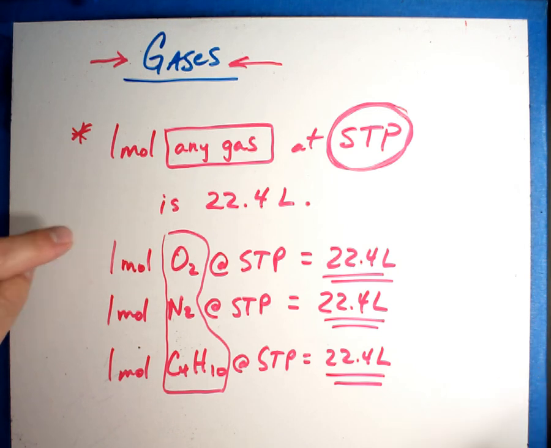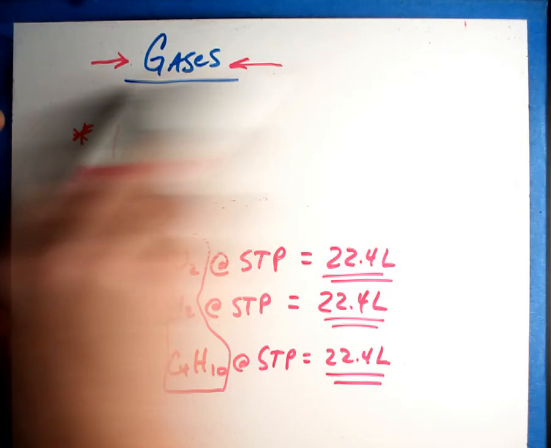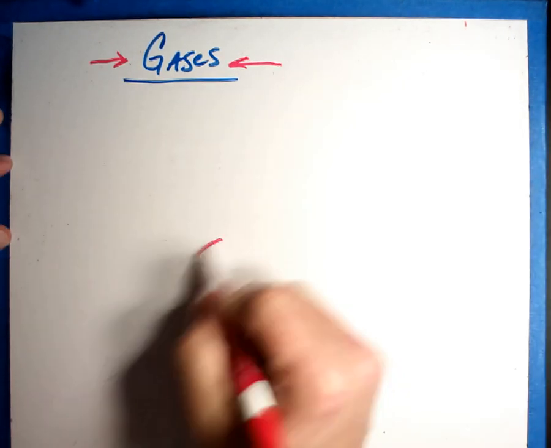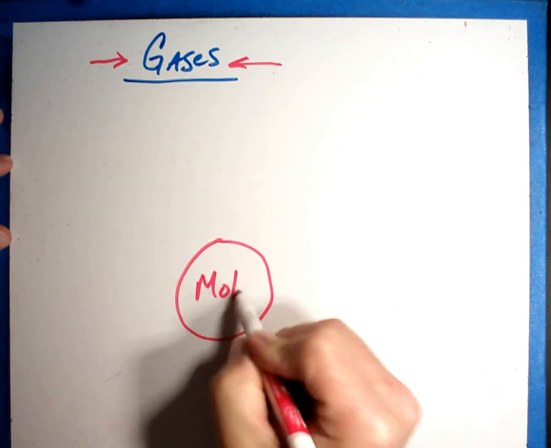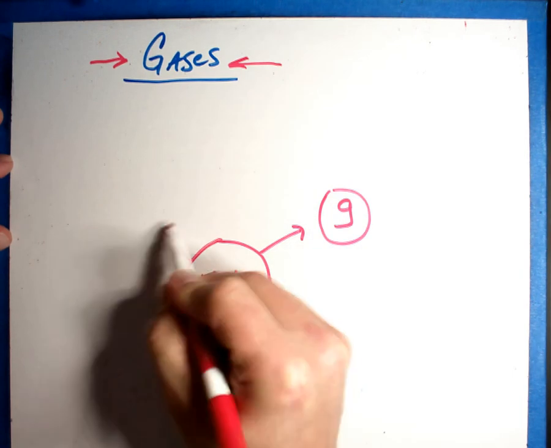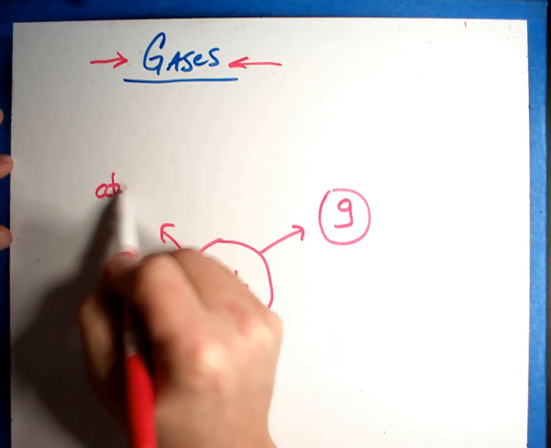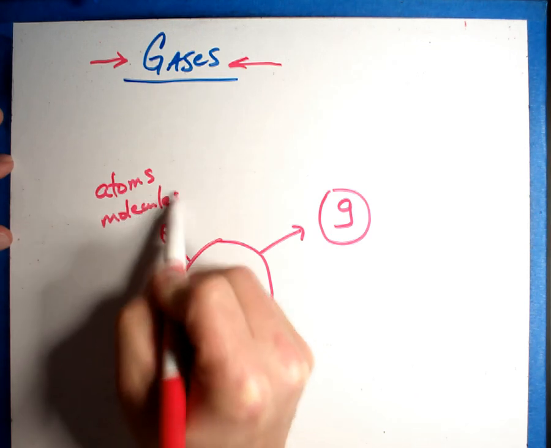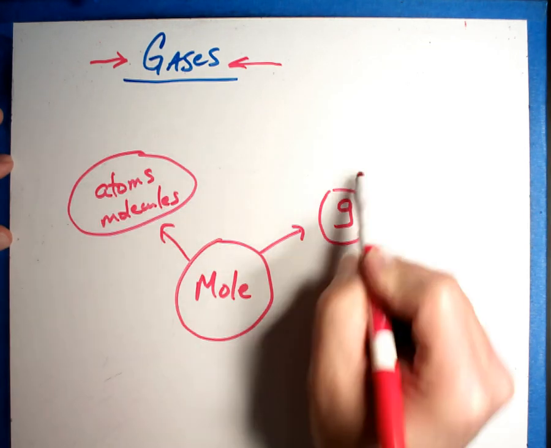All right, now what does this do for us? Well, let me go back to something you've already seen. Do you remember back in a unit before now, we talked about the mole, and we did things like this. We calculated from grams, and then we calculated to atoms and molecules. It looks sort of like a Mickey Mouse drawing.